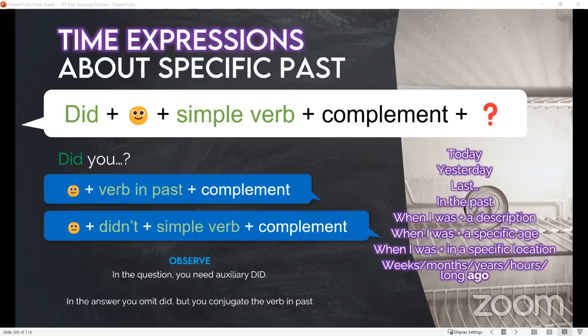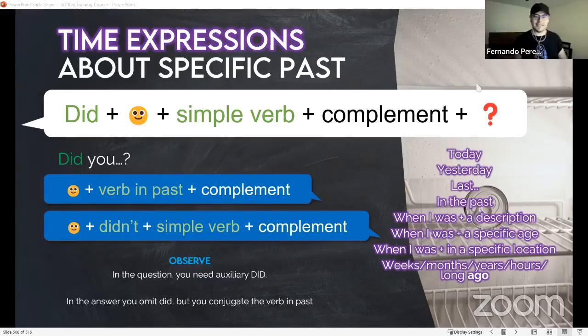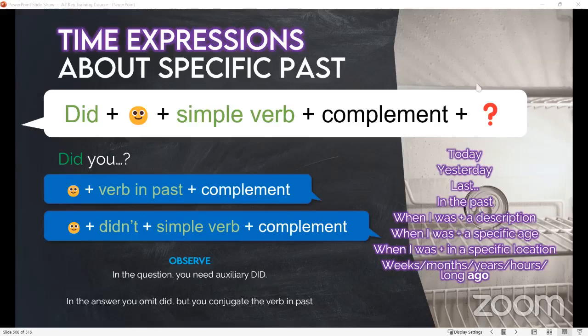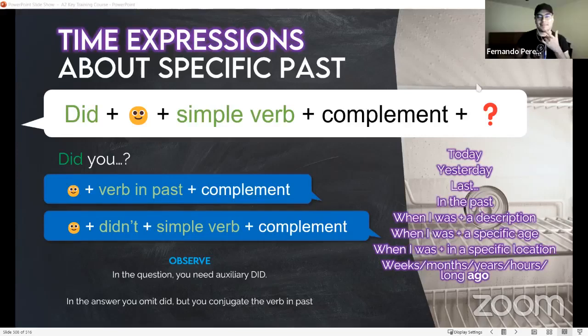For countable nouns. Countable 1, 2, 3, 4, 5. Necessary. A situation. Exactly. The article a determines countable nouns.